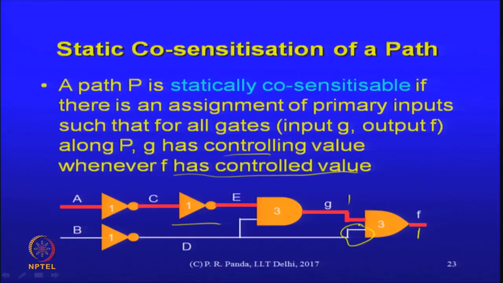But in reality, of course, whether that path actually is sensitized or not does depend on what is happening on the other input. So, we have to formulate this a little further, but this is the definition: it is statically co-sensitizable if that condition holds. If a controlled value is there on the output, then the controlling value is there on the input of our interest, that forms the path.